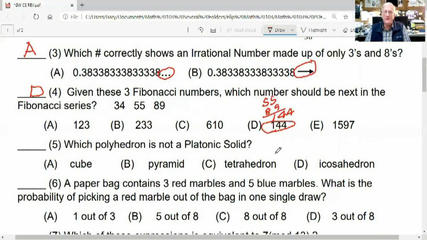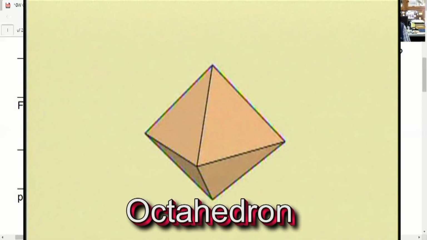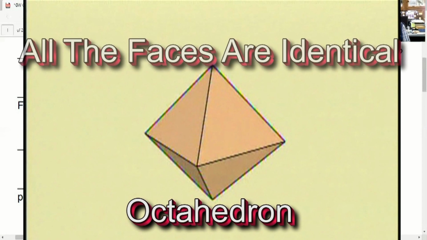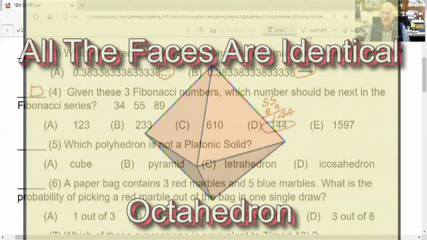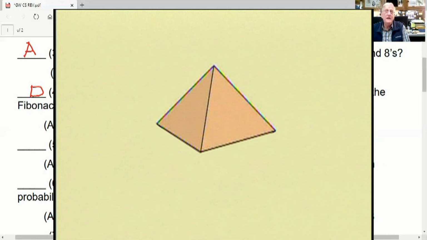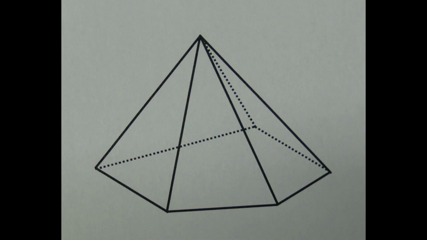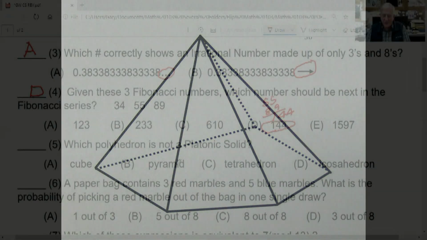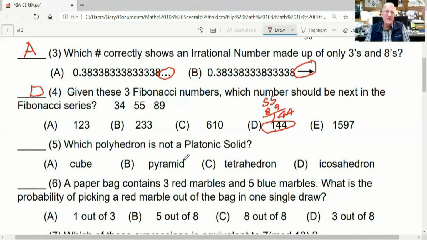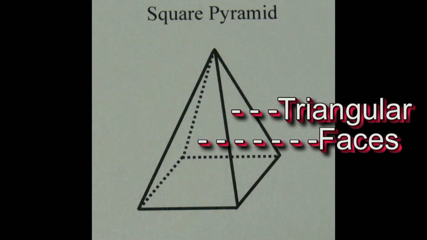But they're not all Platonic solids, okay? Remember, in order to be a Platonic solid, all the faces have to be exactly identical. In a typical pyramid, its bottom or base could be a square, it could be a pentagon, it could be any other shape. I haven't said what type of base it would have to have.